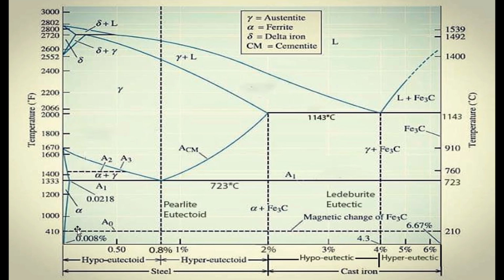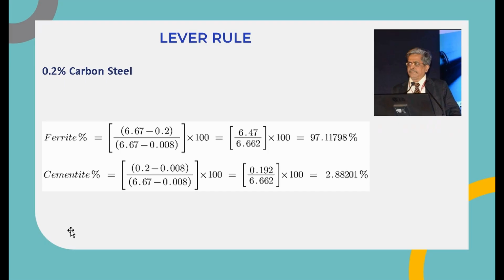So 0.2 minus 0.008 is the branch opposite to cementite but touching ferrite, divided by the total distance 6.67 minus 0.008. You see here, cementite percentage is equal to 0.2 minus 0.008, the branch opposite to cementite but touching ferrite, divided by the total distance, into 100 is the percentage.